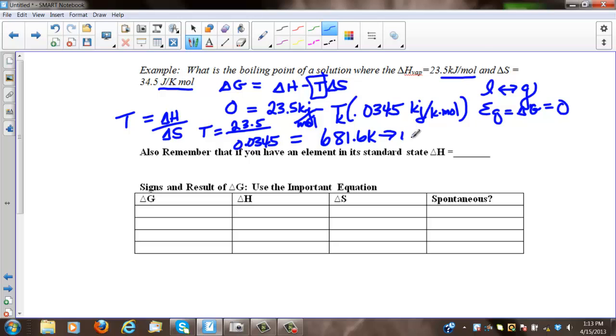So if you subtract 273, you're going to get 408 degrees Celsius. So I don't know what kind of solution we have here, but that's an extremely high boiling point.